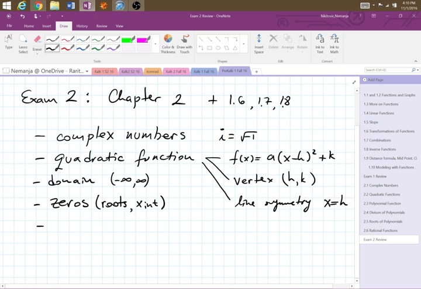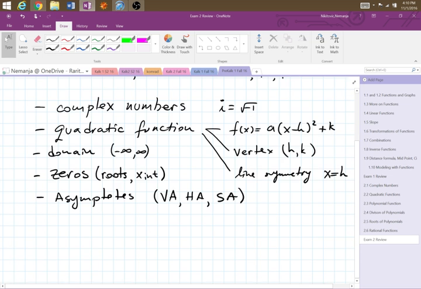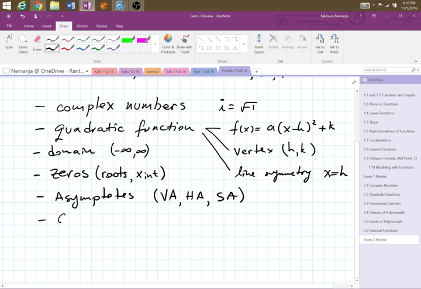We want to focus on asymptotes. And for those, we have vertical asymptote, horizontal asymptote, and slant asymptote. Each one of those has a rule of how to find it. And finally, graphing rational equation, rational function.